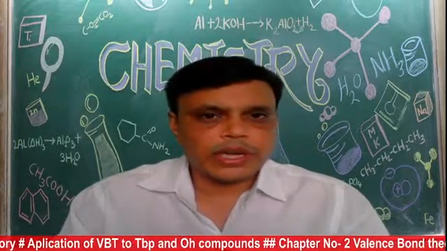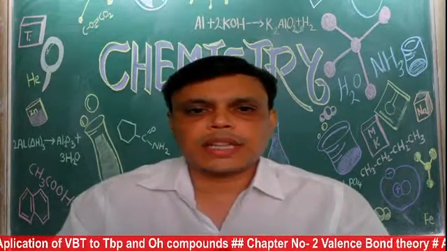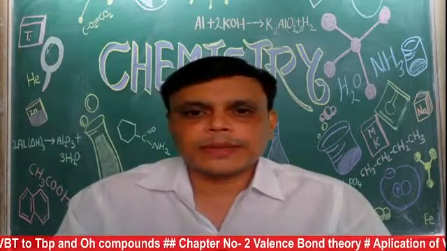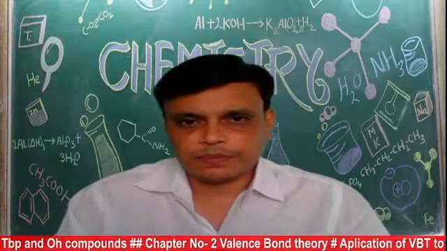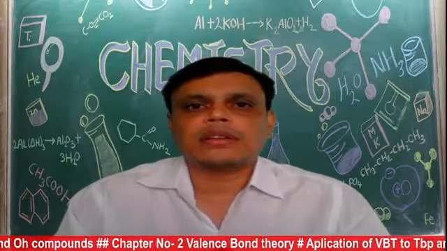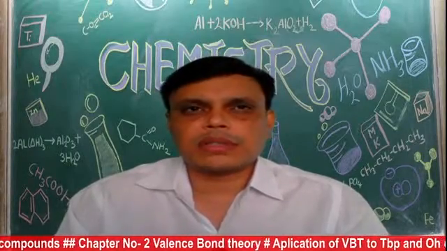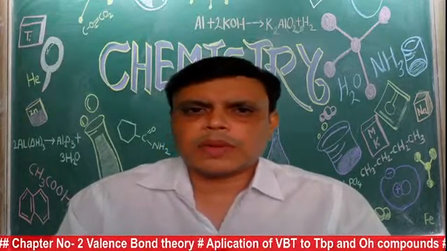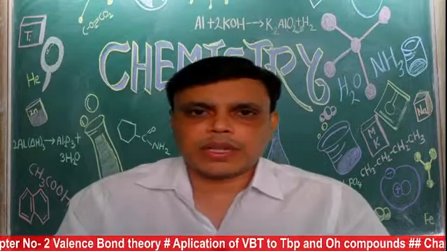So we were talking about the valence bond theory and its application to the different types of compounds, for example, tetrahedral compounds, square planar complexes, trigonal bipyramidal, and octahedral complexes.